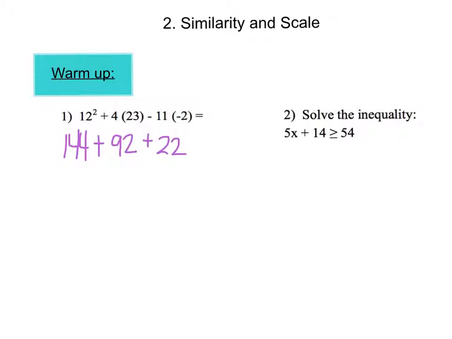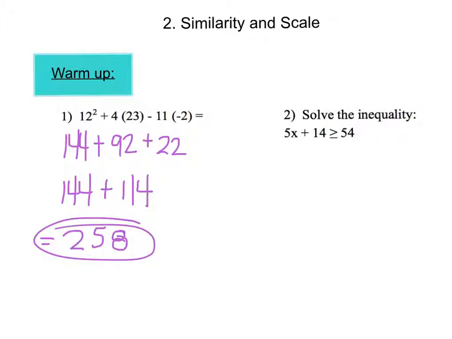So let's add these up, and I have 144 plus 114. And if I keep adding, I get 258, a grand total of 258. Double check my mental math for me.